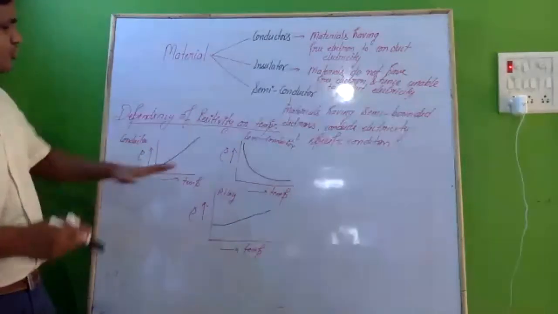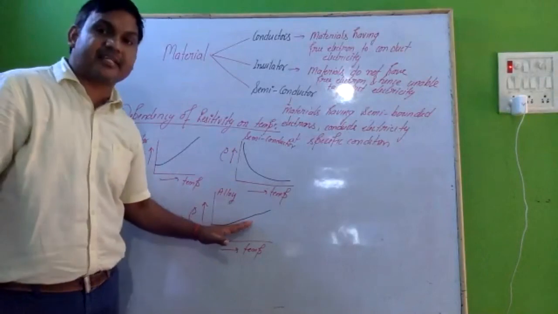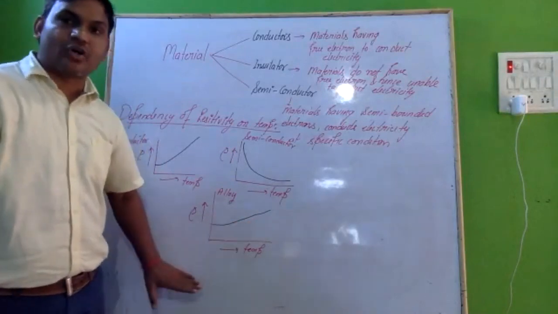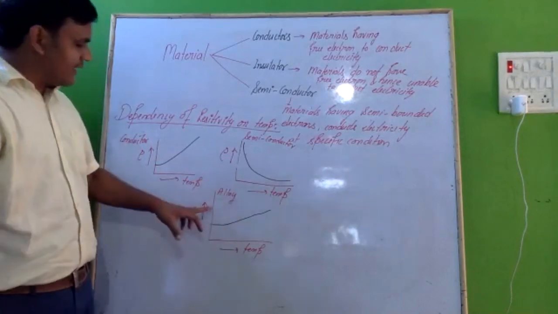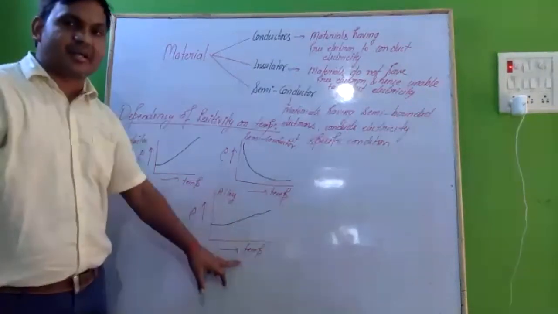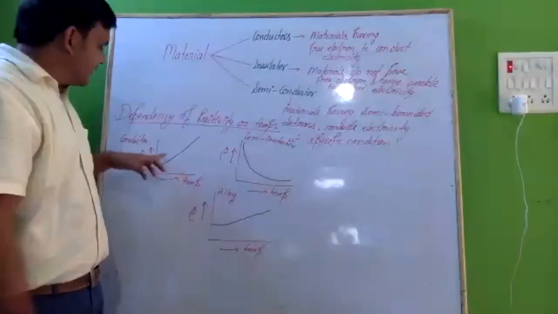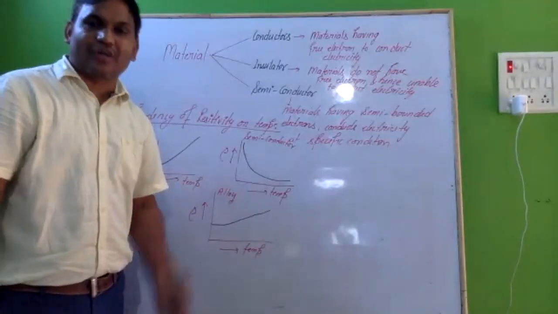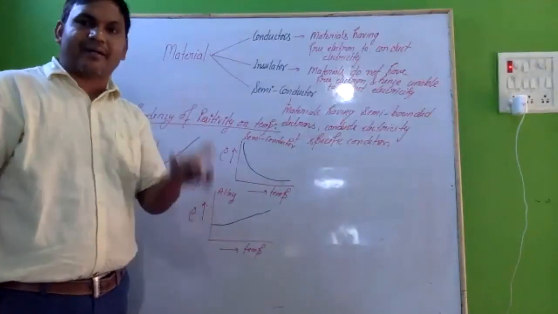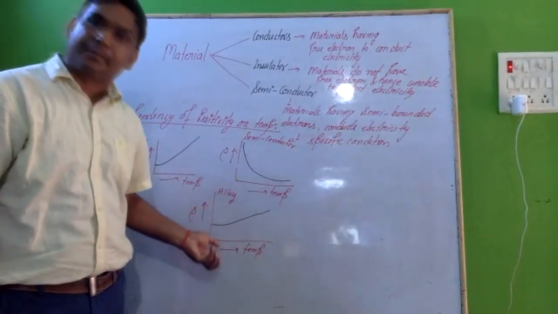You can see the slope of this graph is greater, and here the slope of this graph is lesser. So we can conclude that in the alloy, resistivity increases slowly on increasing temperature, but in the conductor it increases very fast. So nichrome is preferred over copper due to less change in resistance on increasing the temperature.